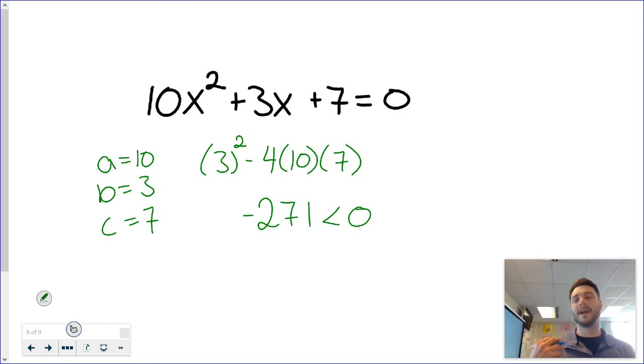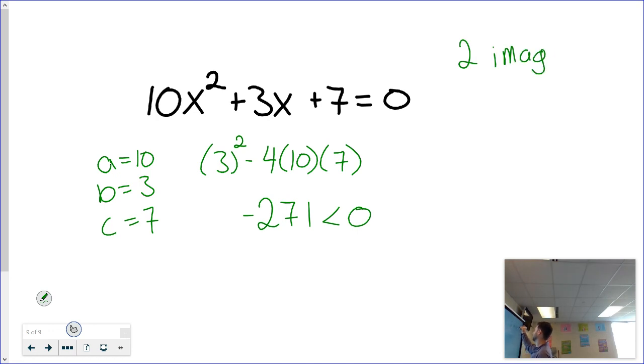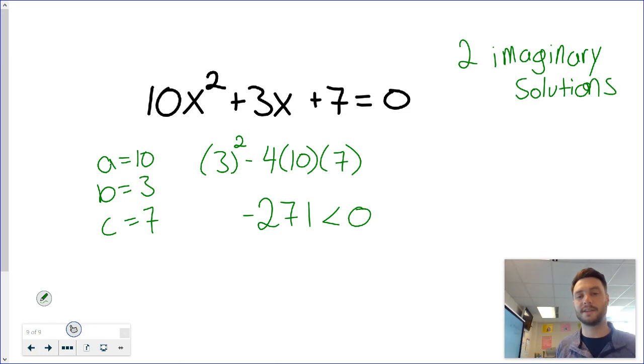It means we will have imaginary solutions. Two imaginary solutions. Because it's negative, we find out that it has to be imaginary, so we expect to have imaginary numbers when we go through this.